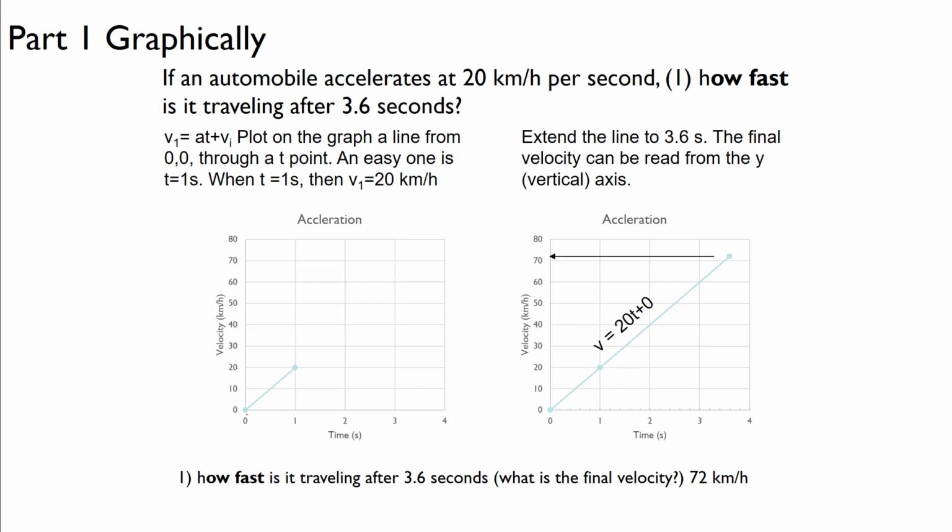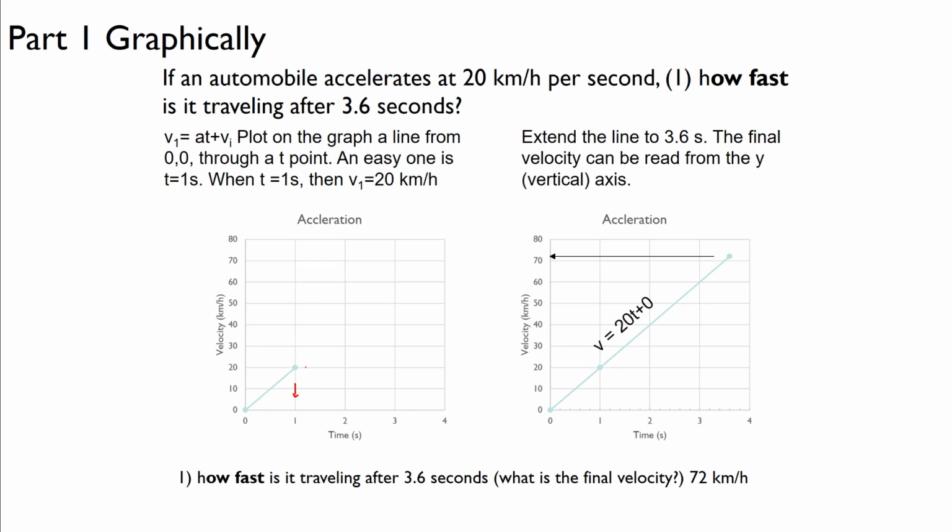We know our initial velocity is 0. We also know that we have an acceleration of 20 kilometers per hour per second. And that gives us a rise over run of 20 kilometers per hour per second. In other words, I could just put a slope in here of 20 so that when I hit a velocity of 20, I am at 1 unit of time, which is a second.